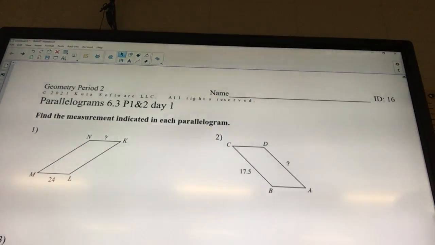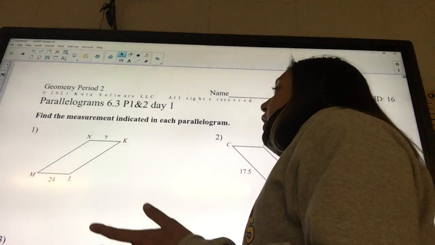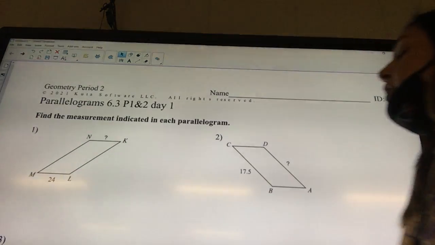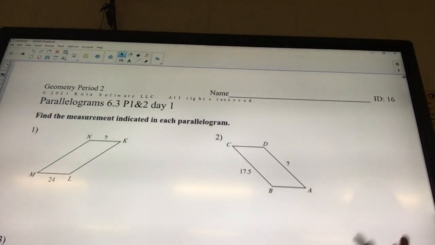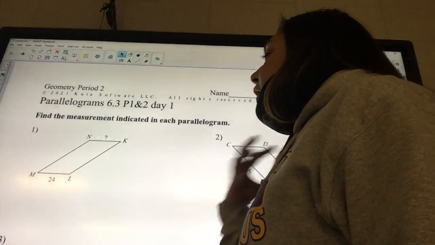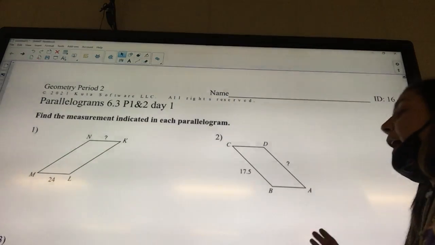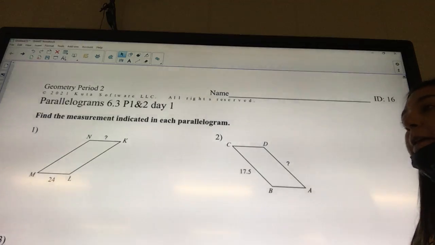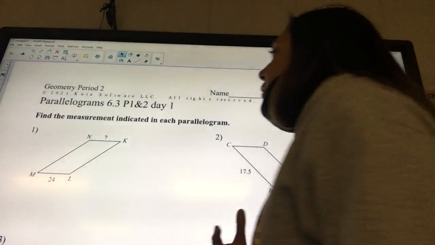Parallelograms can be a square or a rectangle or some other four-sided weird-looking figure, or it could be something very nice. These are all very specific parallelograms. And there are properties that we're going to learn about the outside length. Not the degrees, the outside length, because there's a difference.